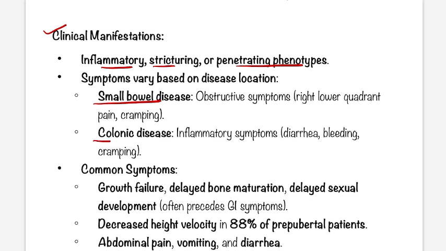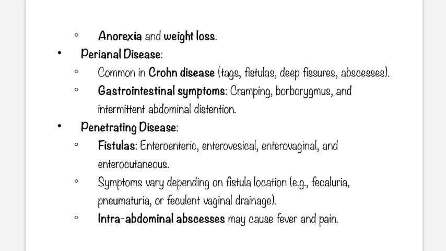If it is colonic disease, inflammatory symptoms will be there. What are the common symptoms? Growth failure, delayed bone maturation, delayed sexual development are more common in Crohn's disease. Decreased height velocity in 88% of prepubertal patients. So this is important. Growth failure is more common in Crohn's disease.